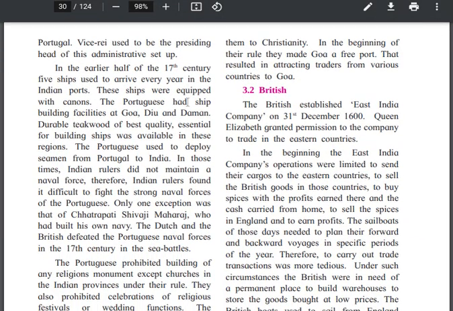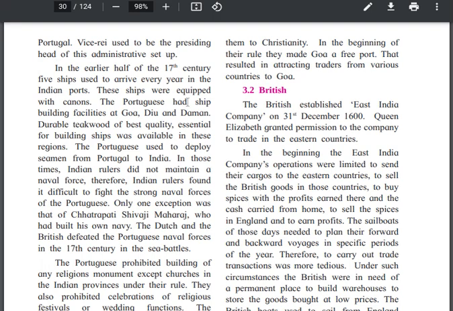So the Portuguese people were making very strong ships of the best quality. The Portuguese used to deploy a seaman from Portugal to India. A seaman is a person who is a captain, responsible for the ship from Portugal to India.